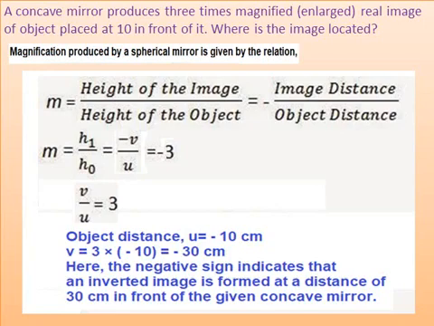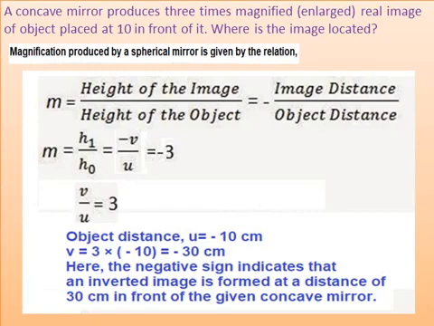Okay, now from the magnification formula we will start. Here in the slide it is given in a roundabout way, but I will give you this simplified version. So what is the formula for magnification? M is equal to minus V by U. So substitute M is equal to minus 3.